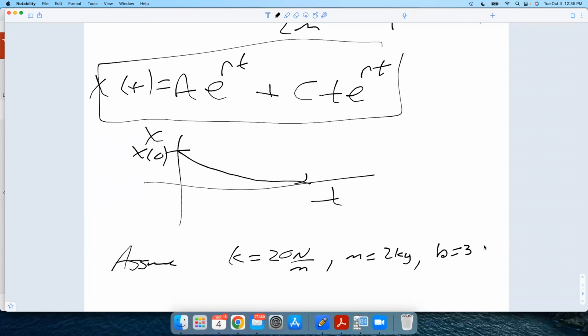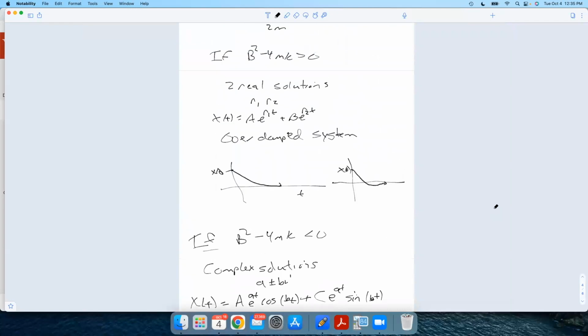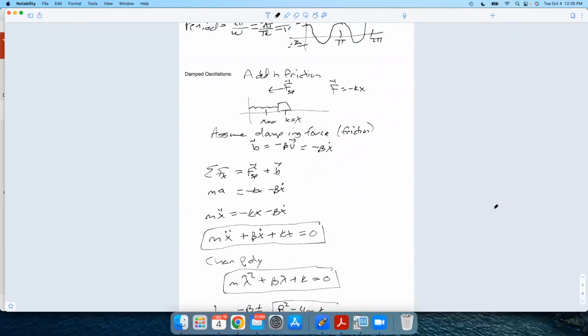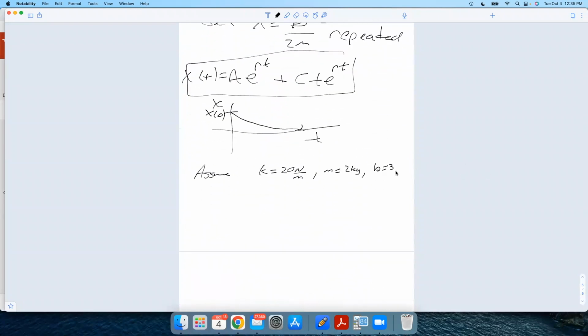I got to think about my units here. These coefficients of friction have weird units. When I multiply it by a velocity, I should get newtons. So it's really newtons divided by velocity. So that's newtons over meters per second, not squared. So which I guess would be newton seconds per meter.